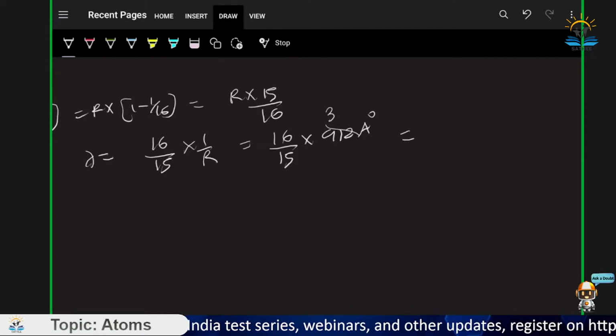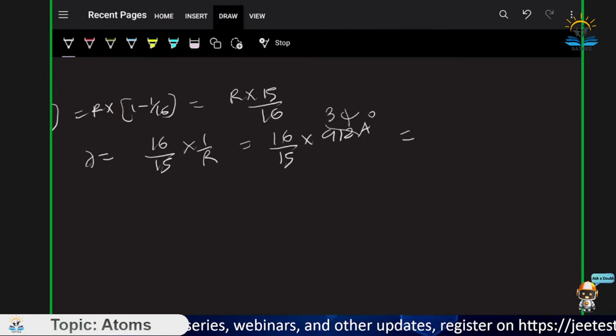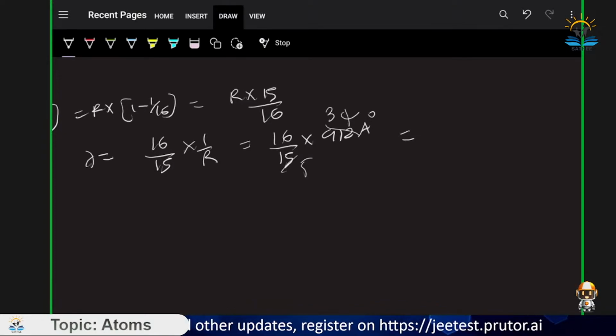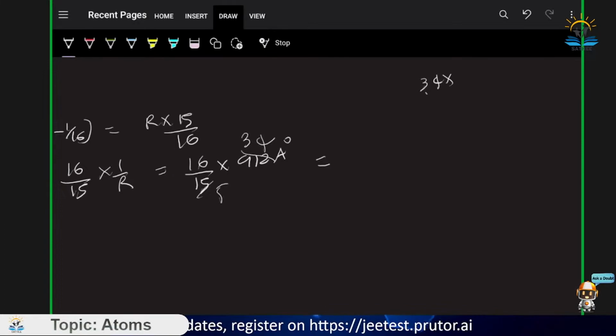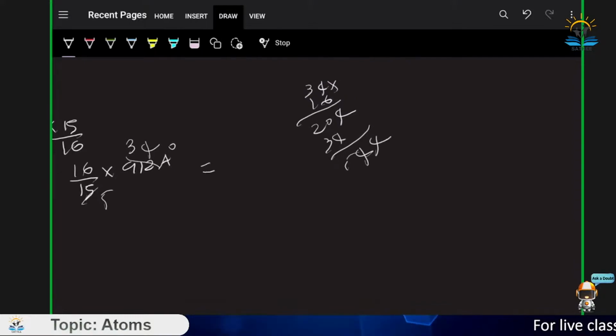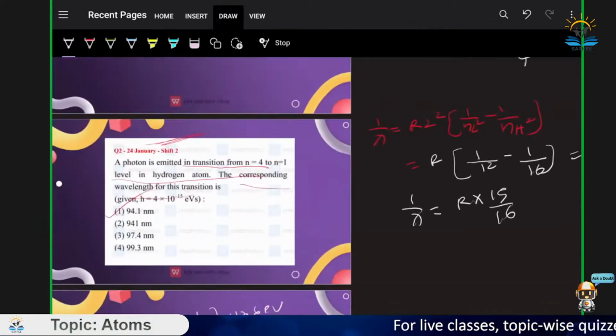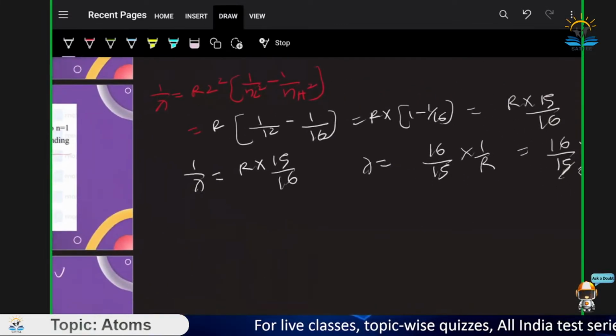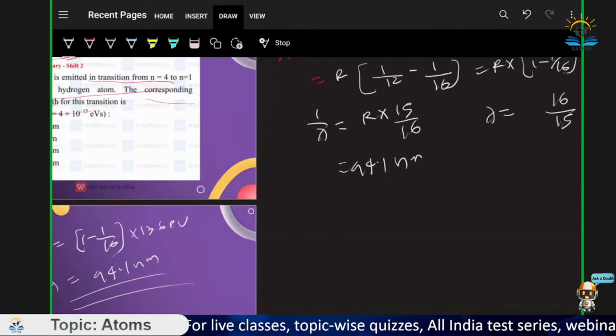So multiplying 912 by 16 and dividing by 15, we get 94.1 nanometer.